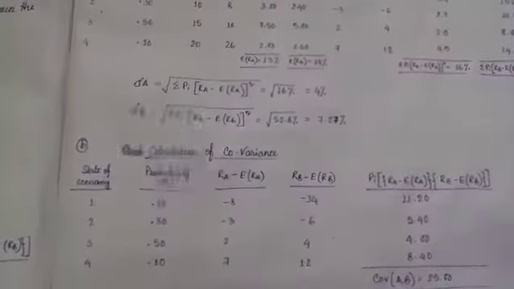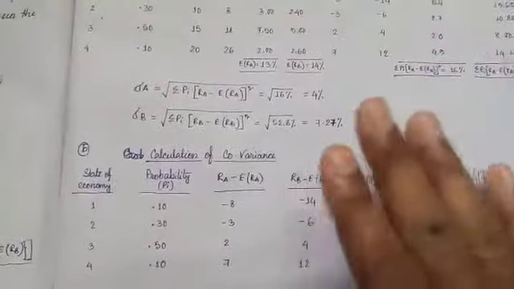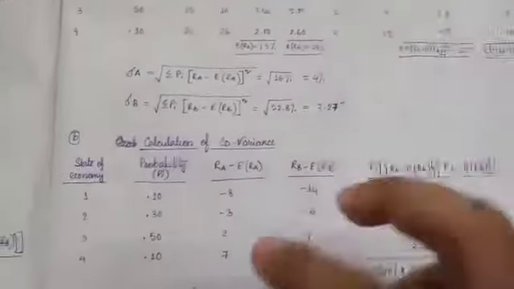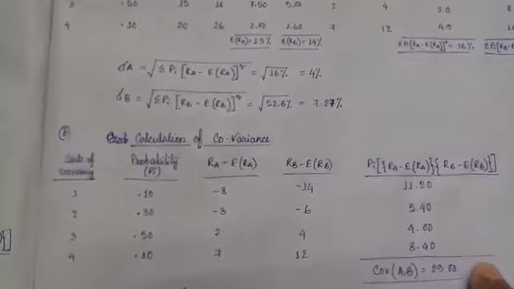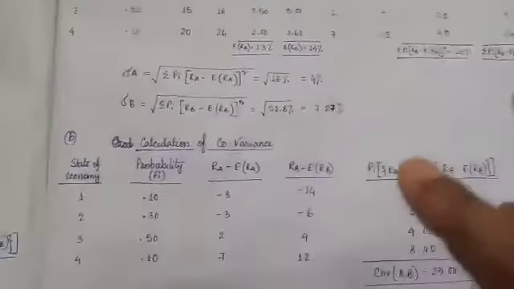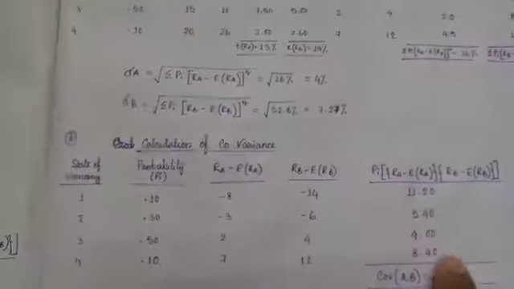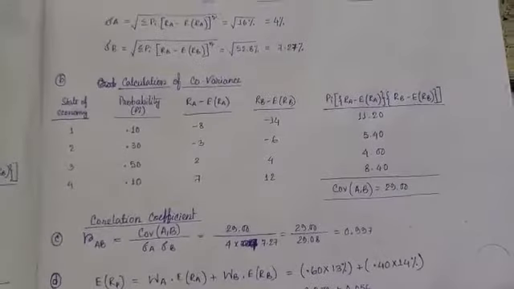Covariance is the average joint deviation associated with both security A and security B. So this is the risk for holding both the securities together, and it is in absolute term. So for holding both securities together, that means security A and security B together, there will be a risk of 29%.